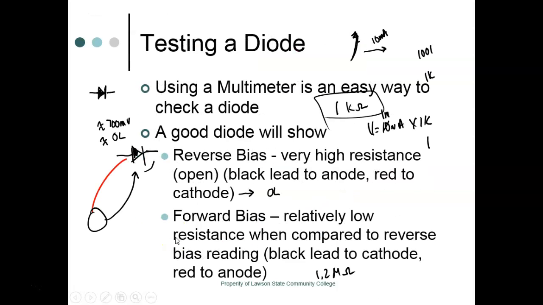So this is basically just talking about how to test the diode, right? We're going to test the diode with our meter. How are we going to set our meter? PN junction.